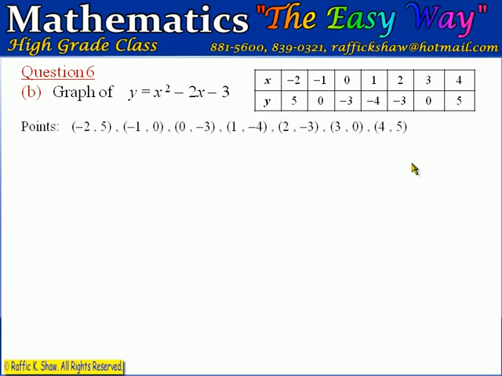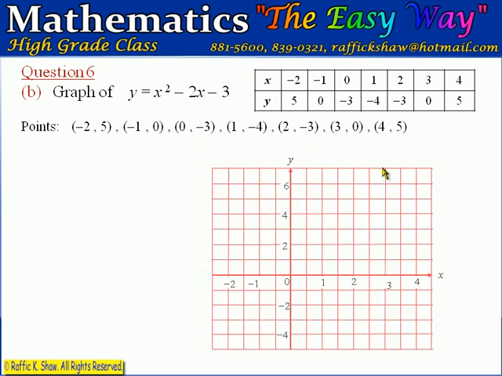Based on the instruction, those will be the points: -2, 5, that's 1 point. -1, 0. 0, -3. 1, -4. 2, -3. 3, 0. And 4, 5. So these are the points we're going to plot.